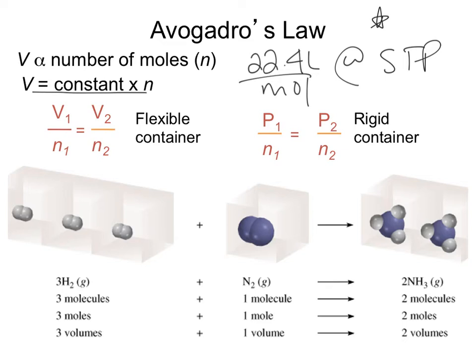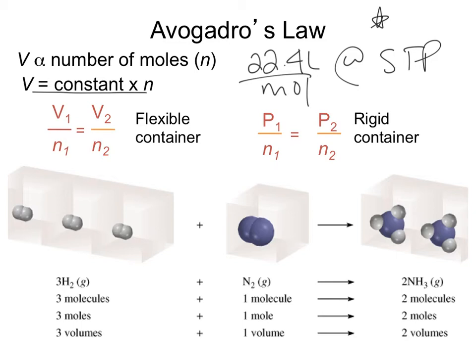So when discussing problems with respect to Avogadro's law, we can obviously discuss it with respect to moles, right? So if we look at the equation that we have down here, obviously we have 3 moles of this H2 gas for every 2 moles of the ammonia that's produced.